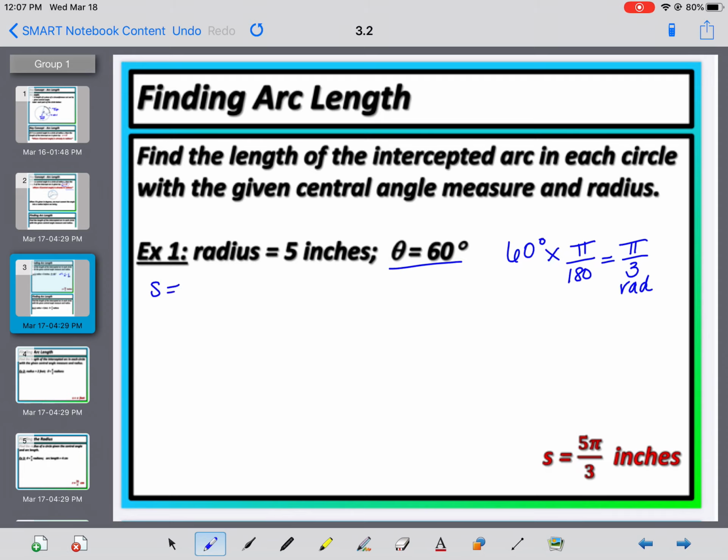Now I can find my arc length. I'm going to do 5 times pi over 3, which is my central angle. So my arc length is 5 pi over 3, and I am going to ask that you use units, so inches.